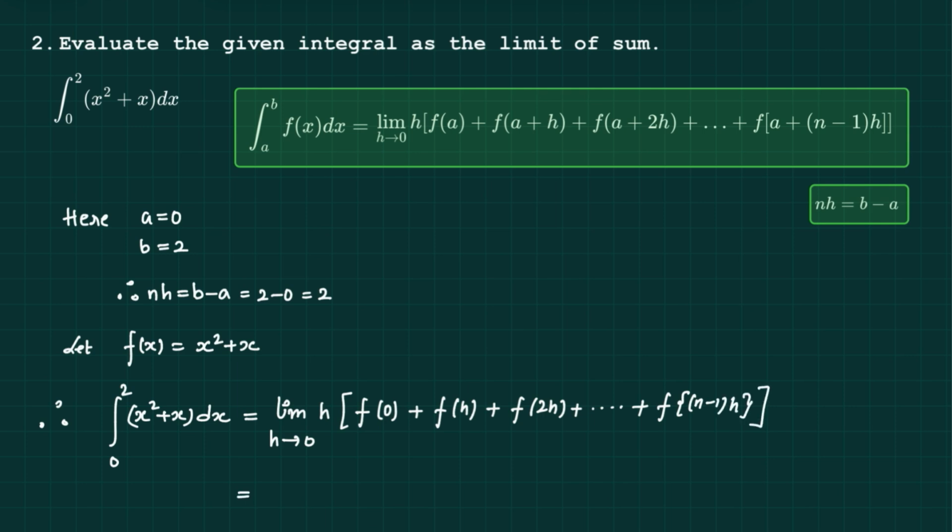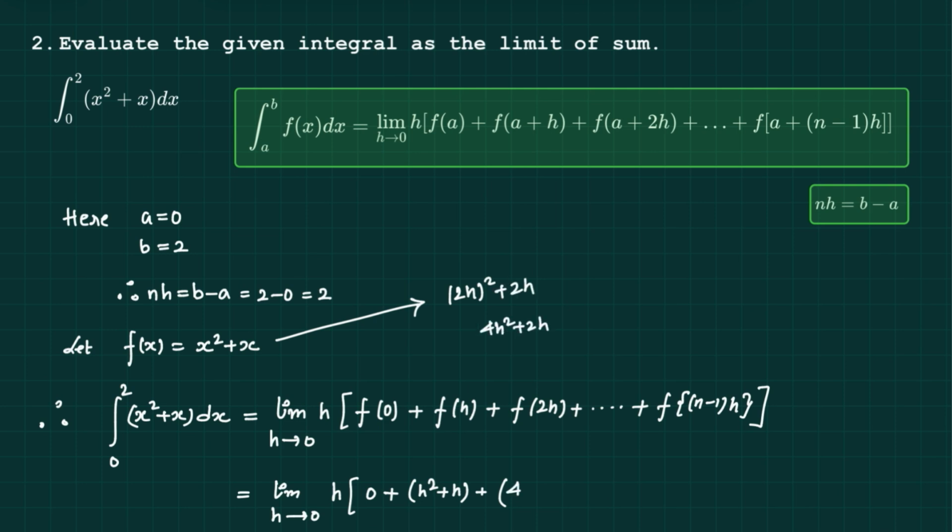So it equals limit h tends to 0 of h into f of 0, which from this equation is 0 square plus 0, that is 0. So this first term will be 0, plus f of h is h square plus h, plus f of 2h is 2h square plus 2h, that is 4h square plus 2h.